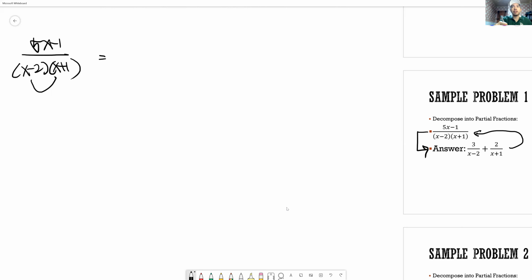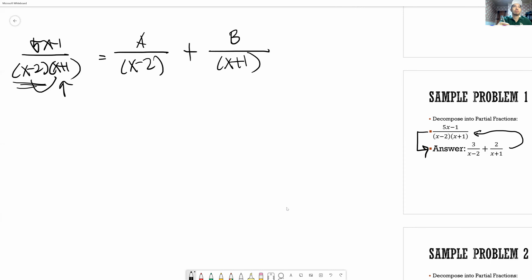So we can decompose this. Since we don't know the constant yet, or the arbitrary constant yet, we will represent that with the letters A over the first linear factor, x minus 2, plus the other arbitrary constant B over the other linear factor, x plus 1. So how do we resolve this now?